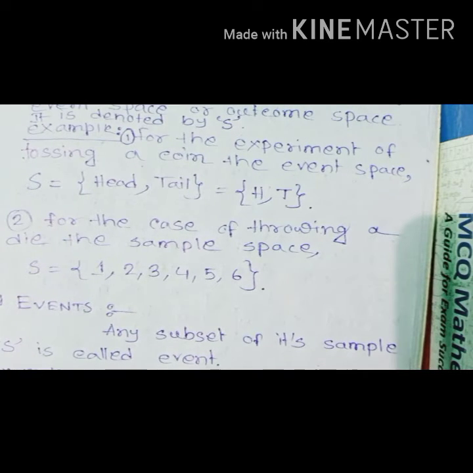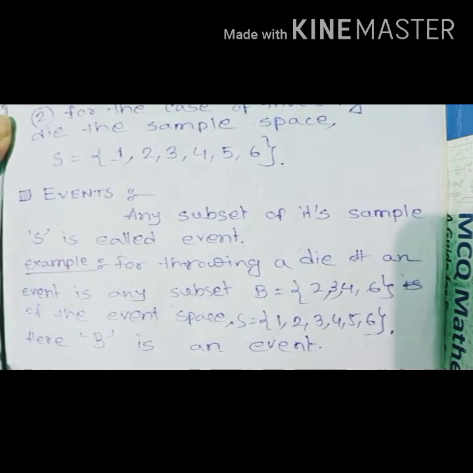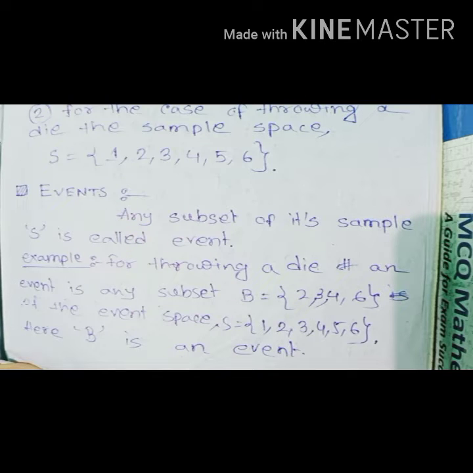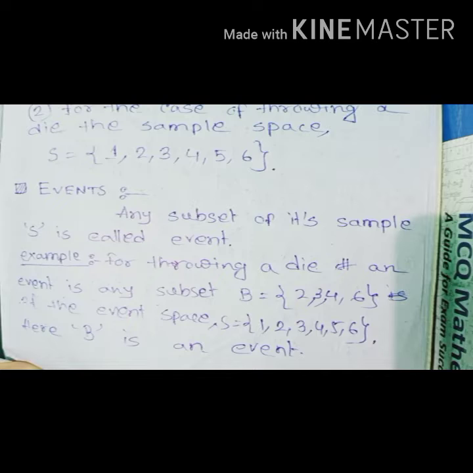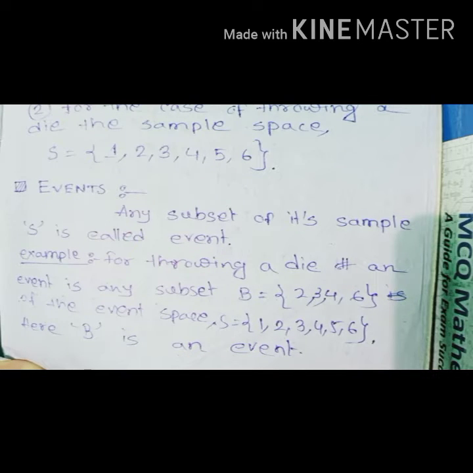So individually these are called events, and in the definition it is mentioned that a subset of sample space S is called event. This is also true. As for example, 2, 3, 4, 6 in case of throwing a die is a subset of 1, 2, 3, 4, 5, 6, so this is also an event.